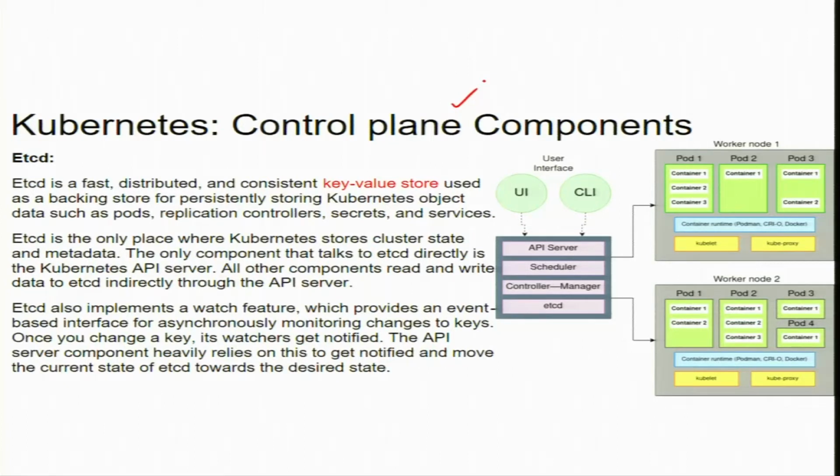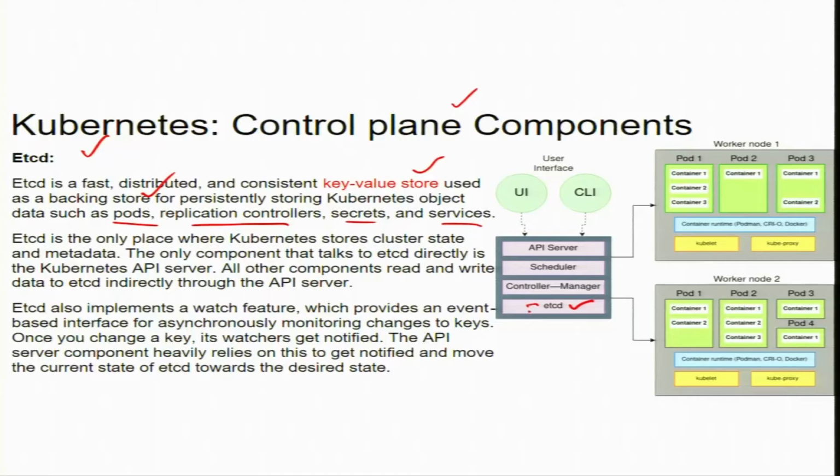Kubernetes control plane components comprise etcd. etcd, that is etc daemon, is a fast, distributed and consistent key value store used as the backing store for persistently storing Kubernetes object data such as pods, replication controllers, secrets and services.